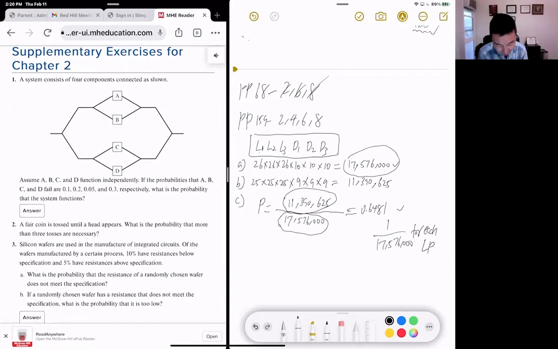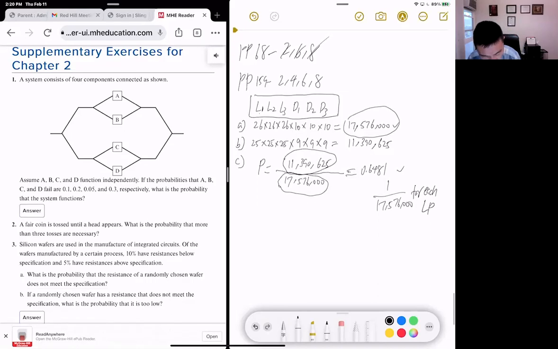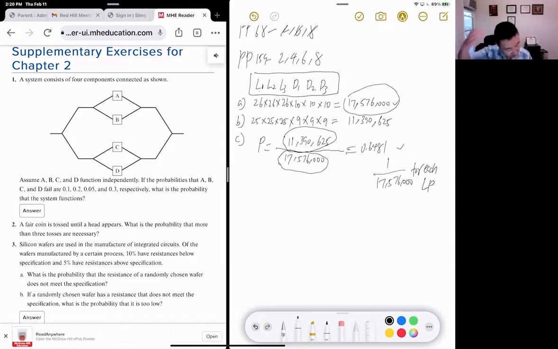All right, I got that page. 159, question number 2. That's about the old toss a coin question.